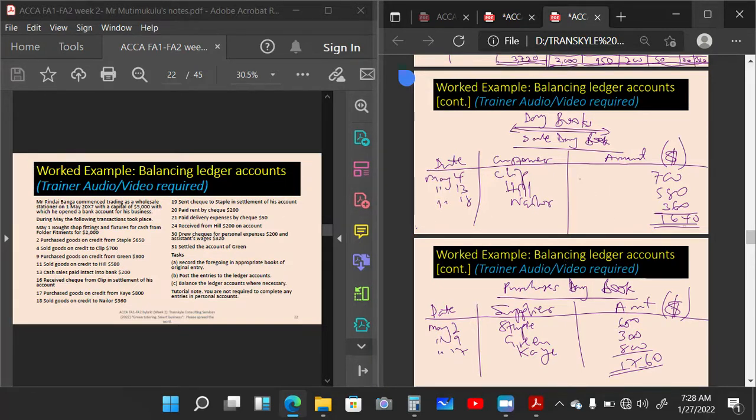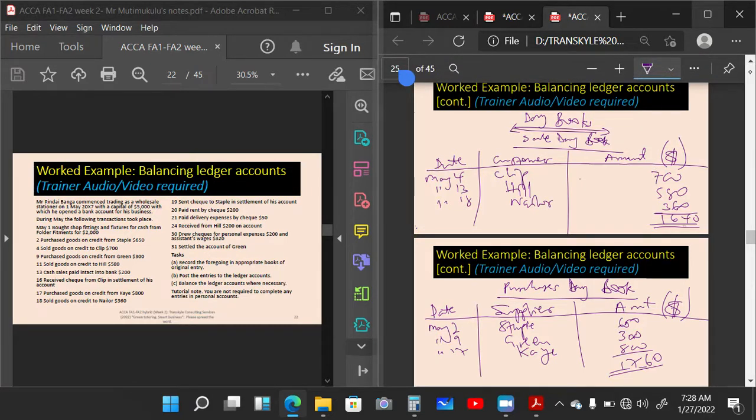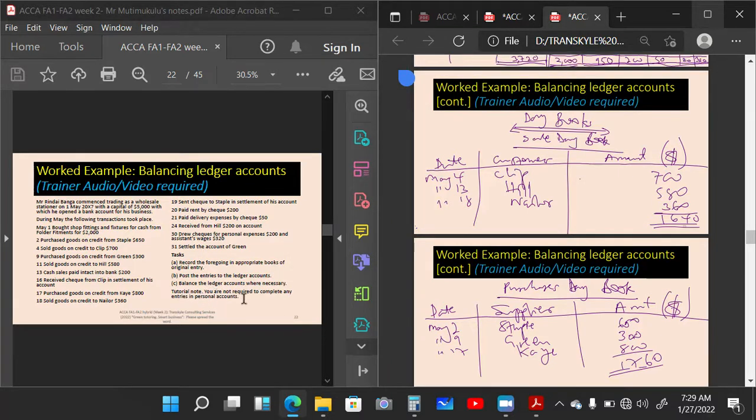Then we have to post these transactions to the ledger accounts, that is the general ledger. Remember, as the tutorial note says, we are not required to complete any entries in personal accounts.